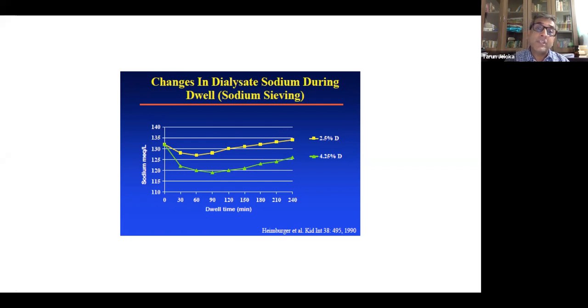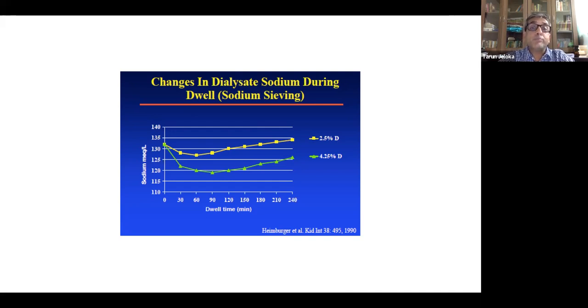What is the clinical application of this? If you document that in the first hour the sodium level goes down in the dialysate fluid, that means the aquaporin channels are active. They are working, right? In long-standing diabetes, because of sclerosis or fibrosis or because of repeated peritonitis, the aquaporin channels may get destroyed over a period of time.